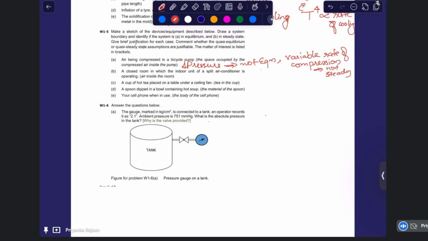A closed room in which the indoor unit of a split AC is operating. If you switch on the split AC, after the initial few minutes the temperature of the room will be constant. Whichever temperature we set the air conditioner to, that temperature will be maintained. So the temperature of the room will be steady after the initial few minutes.